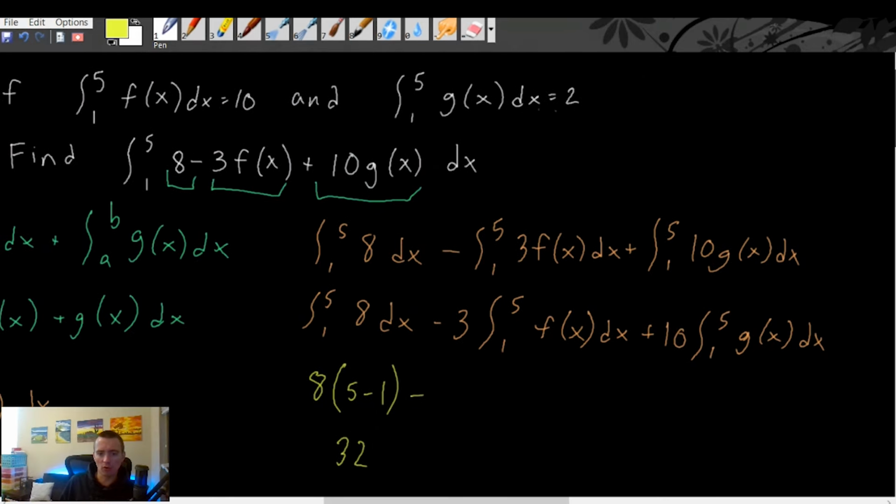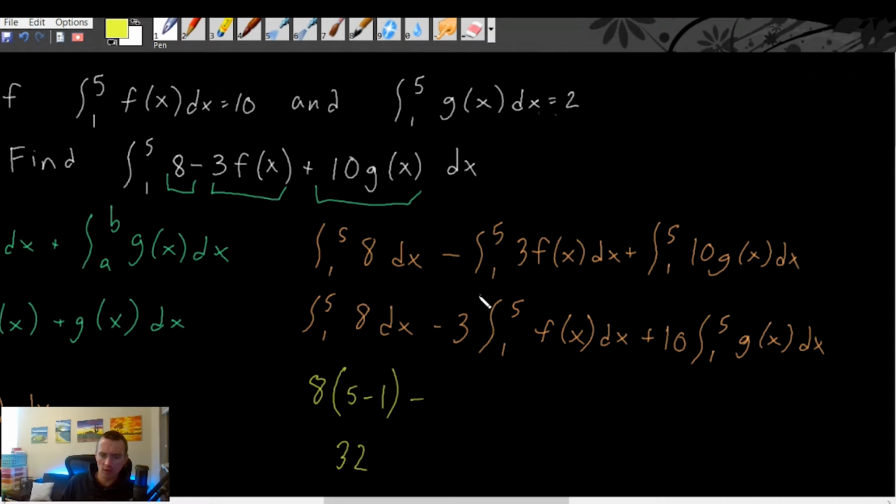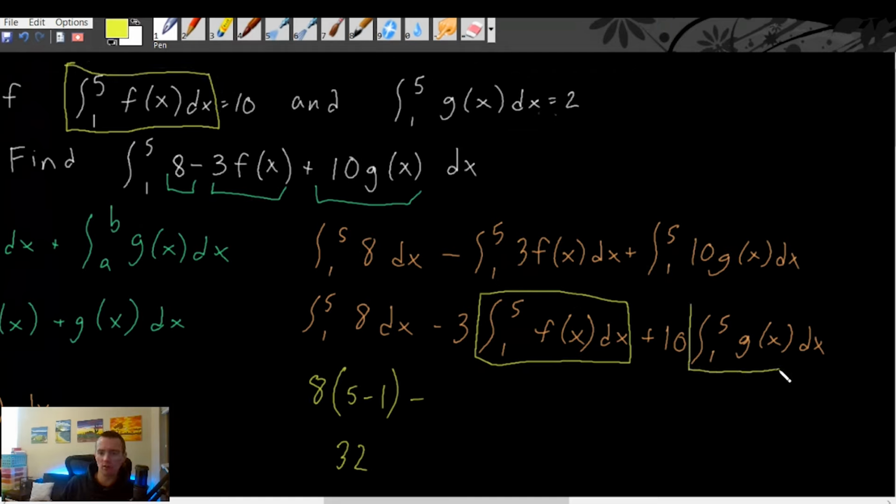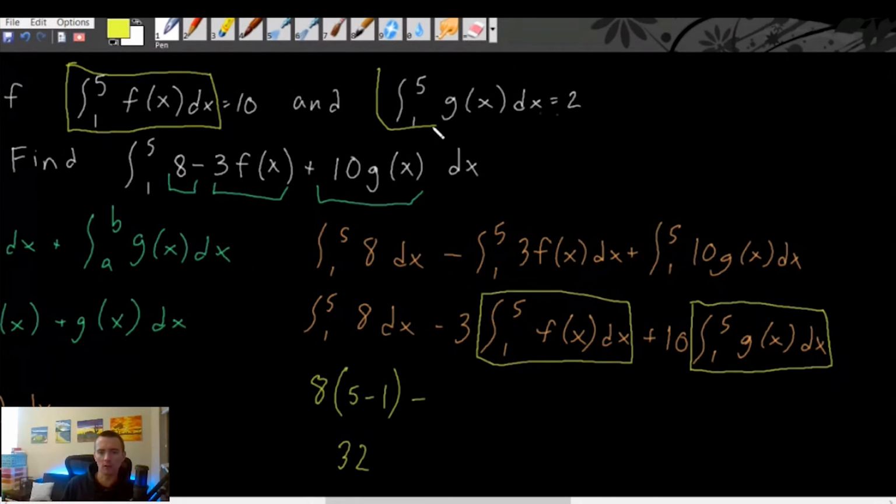Okay, so now we can deal with these other two pieces, because now we got these two pieces to be exactly in the form that we wanted them to be, right? We have right here the integral from 1 to 5 of f of x dx, which is exactly what we were given here. We had the integral from 1 to 5 of f of x dx. And then we also have here the integral from 1 to 5 of g of x dx, which we were also given right here.